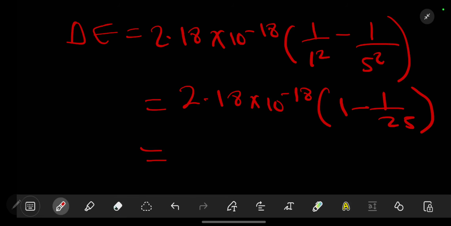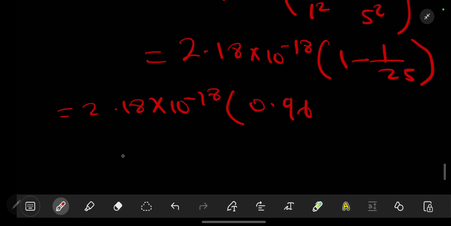So we write 2.18 times 10 to the power negative 18, then we have 1 minus 1 divided by 25. This will give us a value of 0.96. So the difference in the energy for this one will be 0.96 times 2.18 times 10 to the power negative 18.